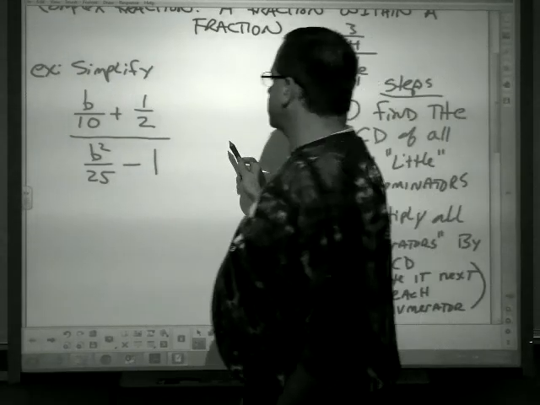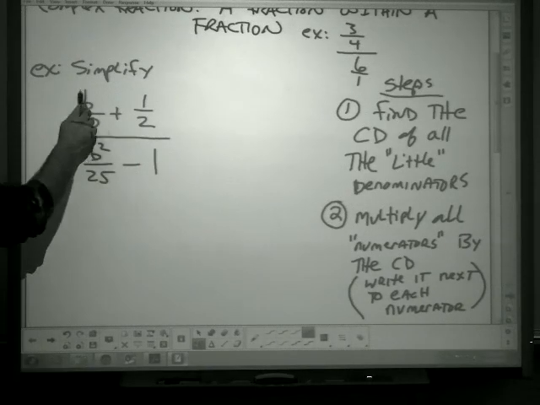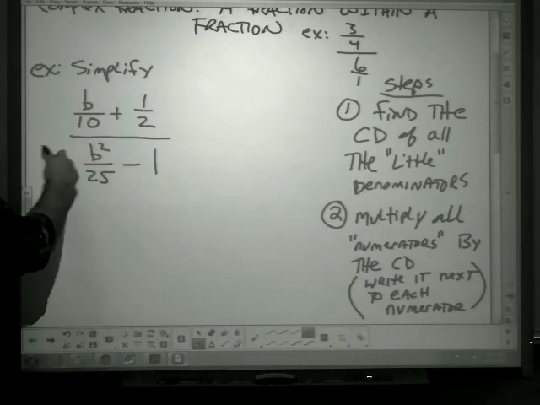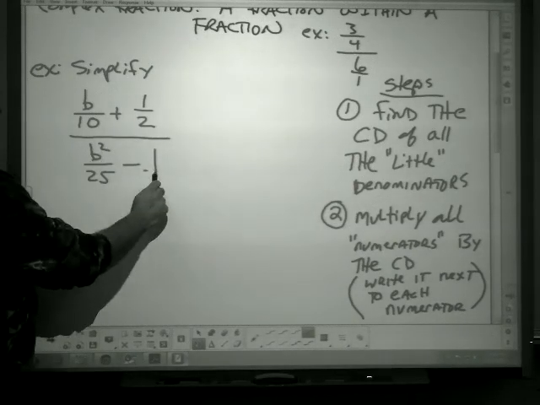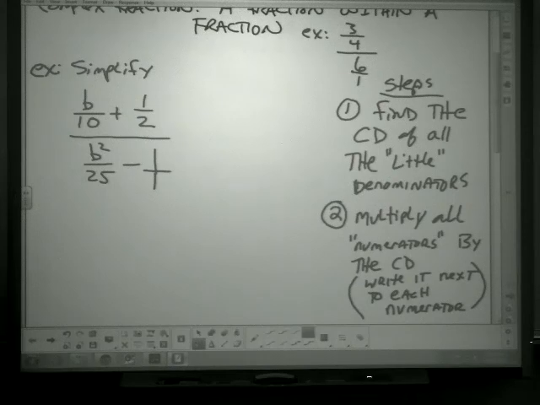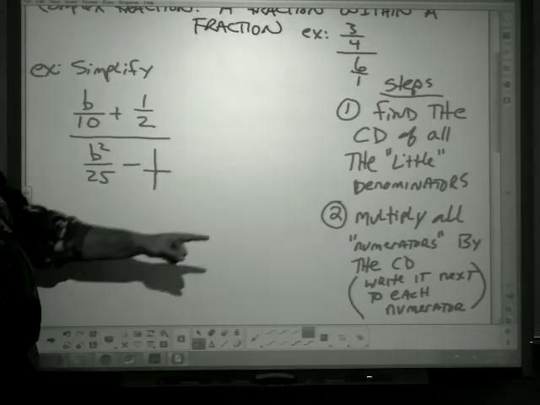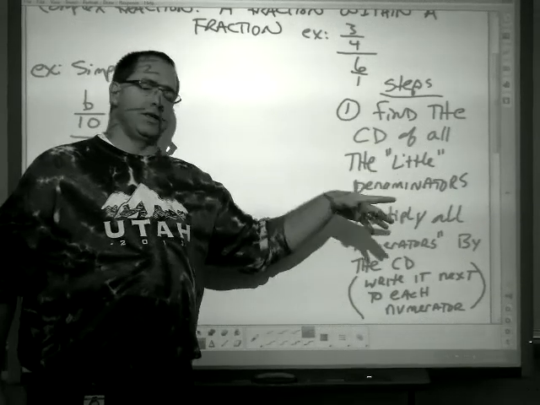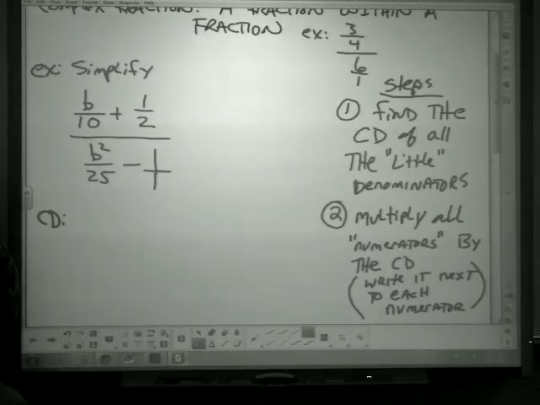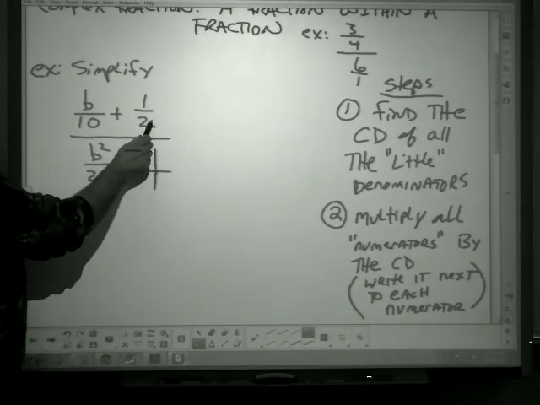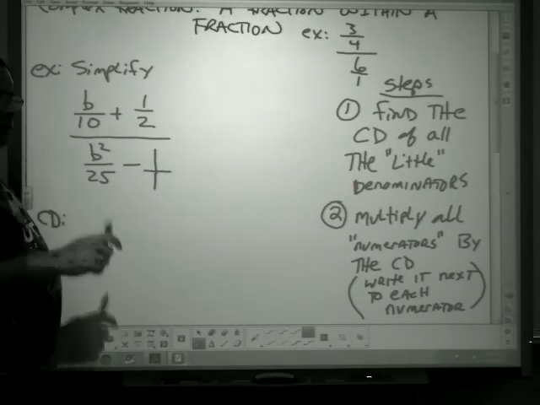Notice, here's a big fraction line right here. This is a little fraction on this big fraction, little fraction, and this I can actually write as a fraction. That's a little fraction too. So my common denominator of all of the little fractions is the same thing we just did in class, which is finding common denominators. But now I'm only going to focus on the 10, the 2, the 25, and the 1, because those are all the little denominators.